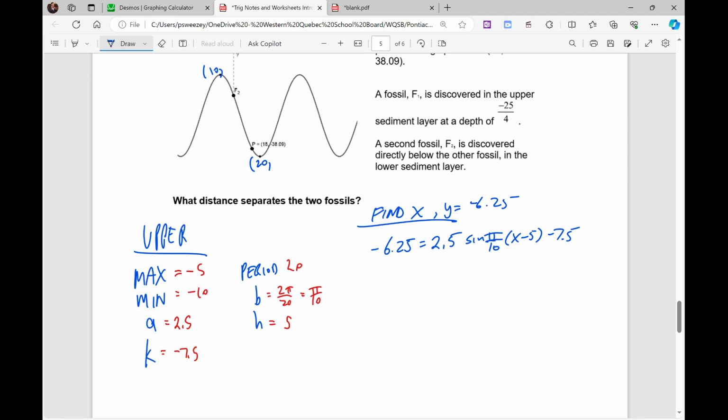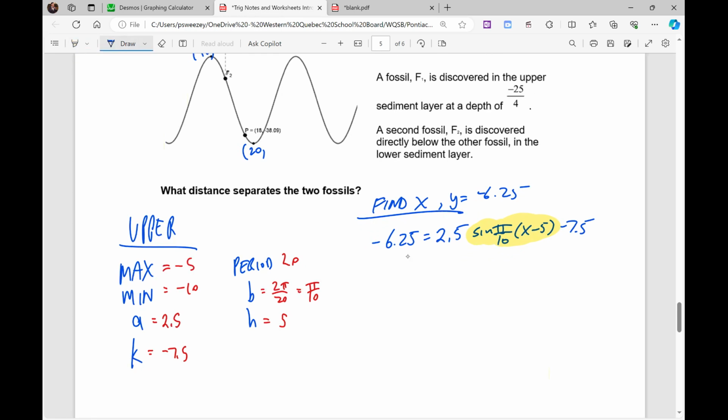Now, all that to say, we're still going to work these out the same way. I mentioned this in a previous video. We're trying to isolate for this. Theta is the combo of B, x, and H. We are trying to isolate for sine theta. So we will bring this over here. We'll be adding 7.5. So essentially, it's just going to be positive 1.25 is equal to 2.5 sine pi over 10 x minus 5.